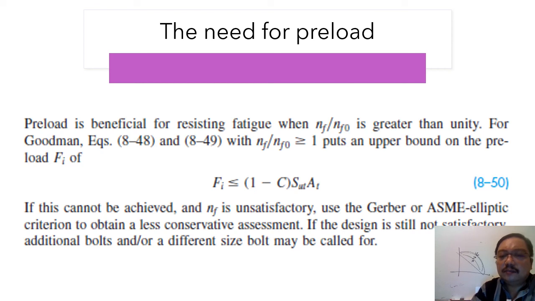Use the Gerber or ASME-elliptic criterion to obtain a less conservative assessment. If the design is not satisfactory, an additional bolt or a different size of bolt may be called for. So this is the need for preload. Okay, you can calculate, meaning that before you decide what bolt you want to choose, this is the equation given to you. This equation will help you to choose the correct bolt.